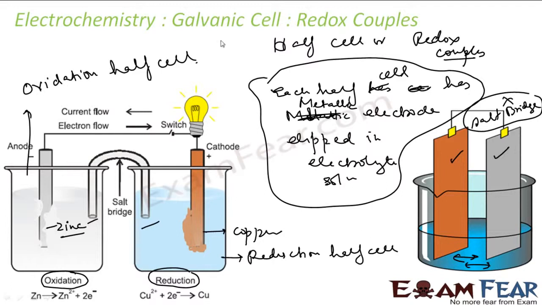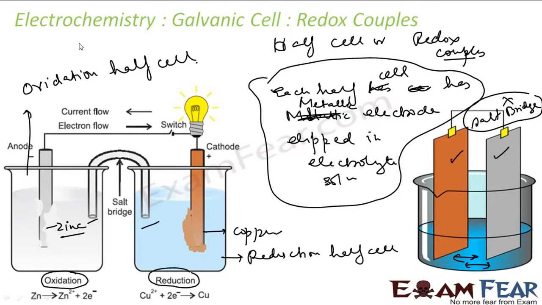Right? And using these combinations of oxidation and reduction half cells, you can create n number of galvanic cells, because galvanic cell is a general term, right? The galvanic or voltaic or electrochemical cell, they are the same thing. Correct? The Daniell cell is one type of galvanic cell.